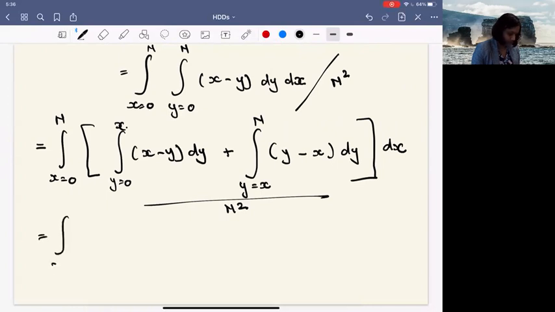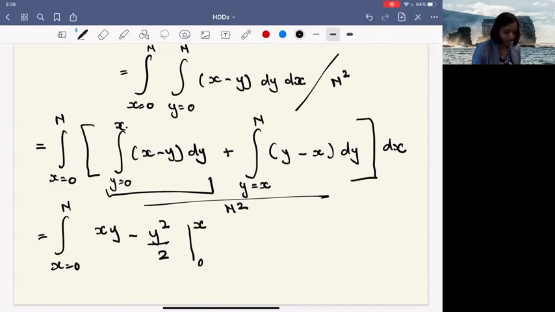Now this is equal to x equals 0 to n. Solving this integral over here, we would get xy minus y squared divided by 2. I'm just doing the math of solving the integral, no magic. If you're not sure what's going on, please refer to how to solve an integral, right?